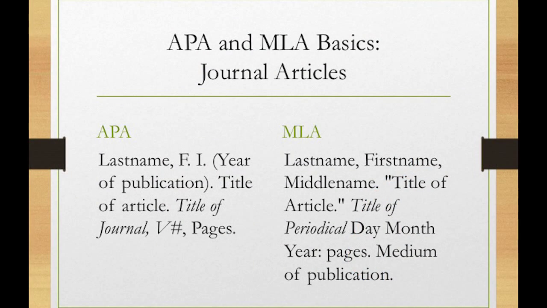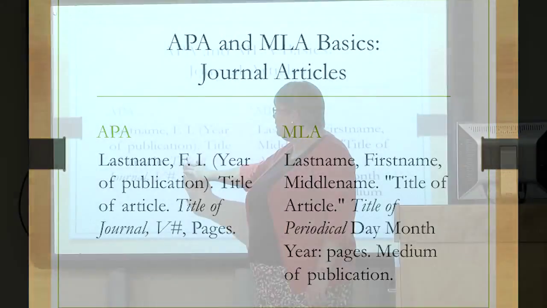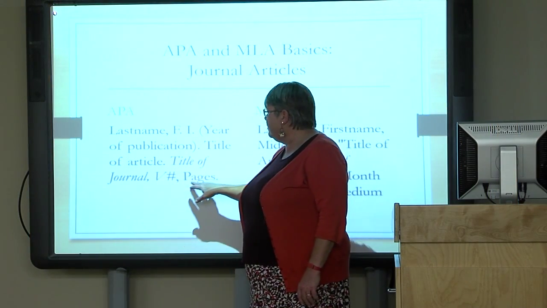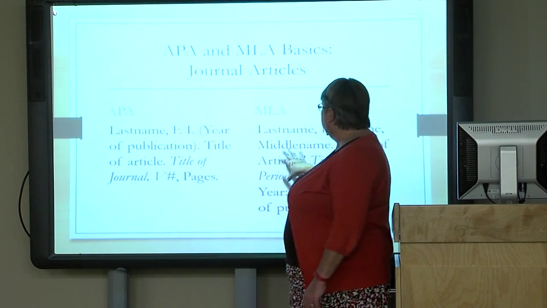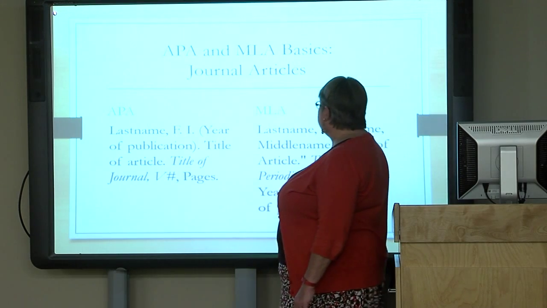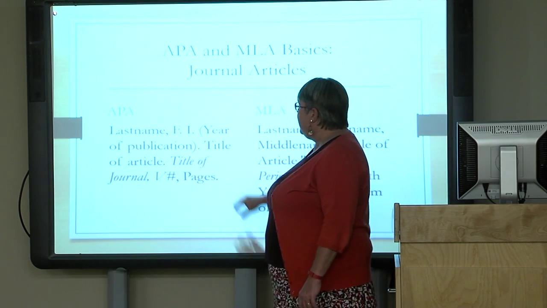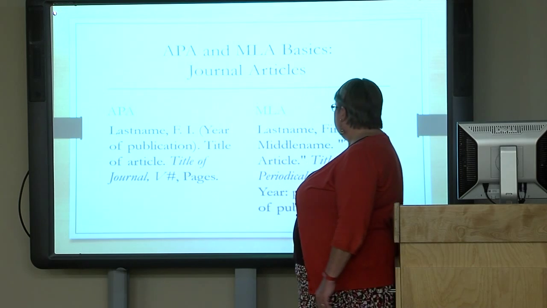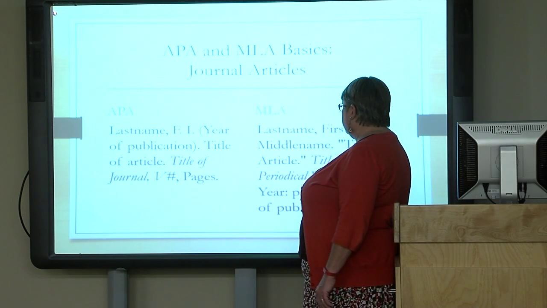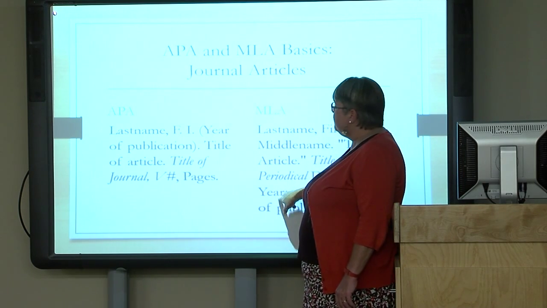So we talked a little bit about APA and MLA. For a journal article in APA: last name, first initials, year of publication, title of the article, title of the journal, volume numbers, and pages. MLA, this is so you can see the difference. In APA, the year is the second thing. In MLA, the year is towards the end.